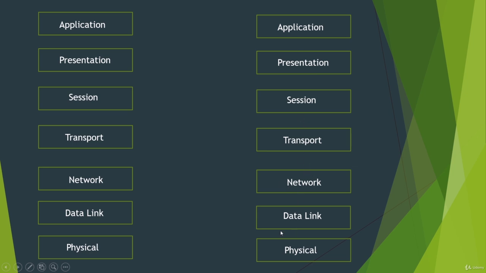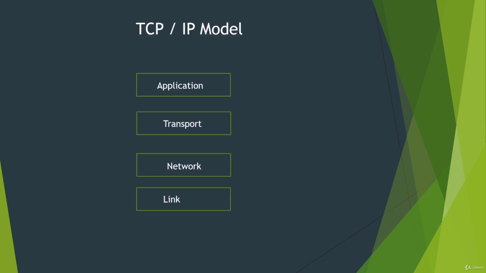In the same way, the data is encapsulated by headers and then decapsulated at the destination side, and the original data is sent to the application. In this case, these layers do not understand the actual data; they just encapsulate the whole data and send it to the layer below. So next we are going to talk about the TCP/IP model.